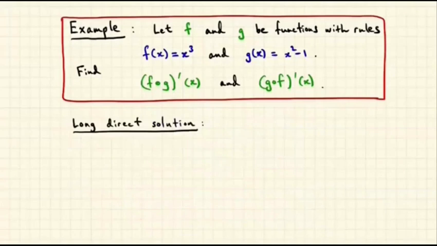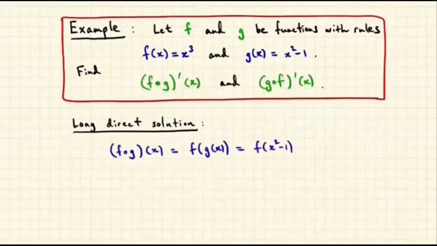In the case of the composite of f and g, we can calculate the composite and we will get x squared minus 1 all cubed.